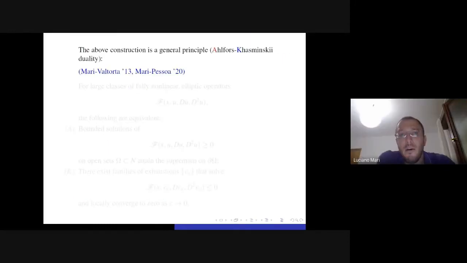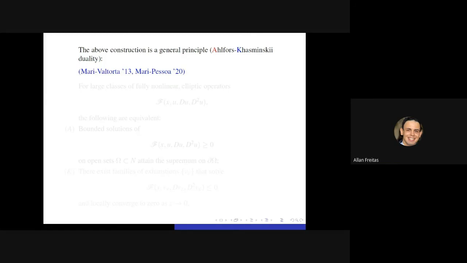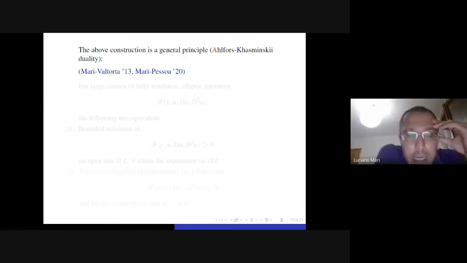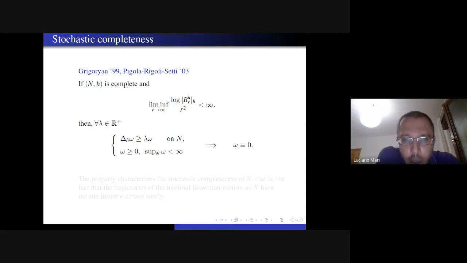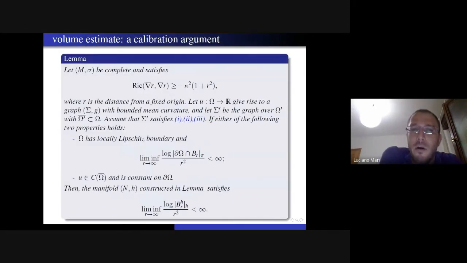Luciano? Please, okay. One more question here from Marcelo. The hypothesis of the Ricci curvature being bounded from below is also for N? Yeah. The hypothesis on the Ricci curvature is always on M with the original metric. The graphs have no control at all on their curvature. What we can control on the graph is the volume.